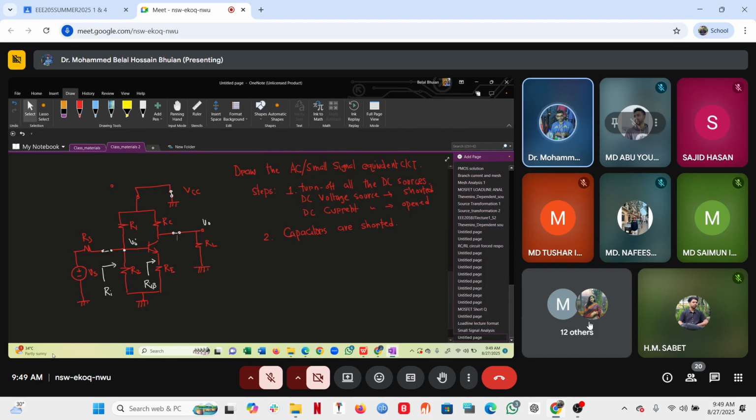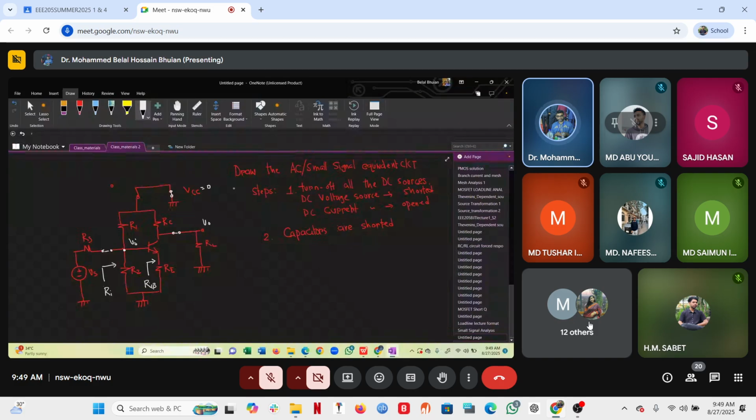So if this is the case, notice now what are the things that we have in the circuit. In the circuit, the only source available is Vs, which is a small signal source. And there is no DC voltage source. So Vs is set to 0. No DC signal source. Now, during the exam, being able to draw the AC equivalent circuit is very important and it carries a good portion of the marks.